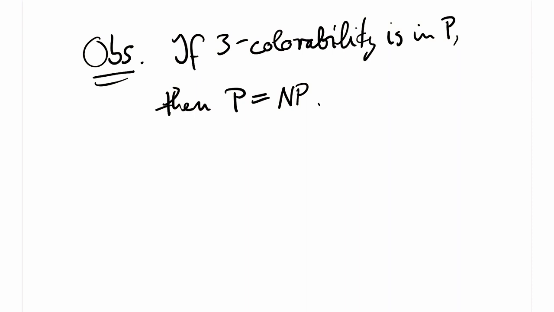And that's the reason why we don't believe that there is an efficient algorithm for 3 colorability. Because researchers have tried for many, many problems in NP to find polynomial time algorithms, and they have not succeeded.